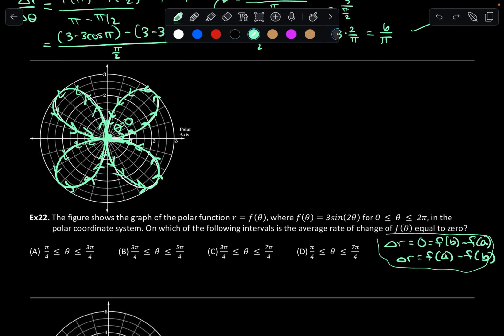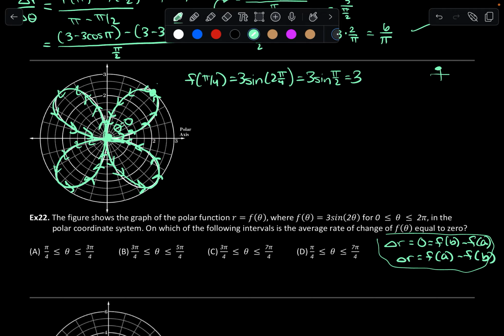So let's try f of pi over 4. Plug that in, we get 3 sine of 2 times pi over 4. So that means we have 3 sine, that becomes pi over 2. Sine of pi over 2, that's going to be 1, so we have 3. So pi over 4, the radius is going to be 3.